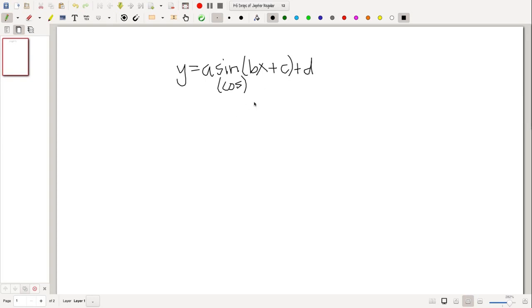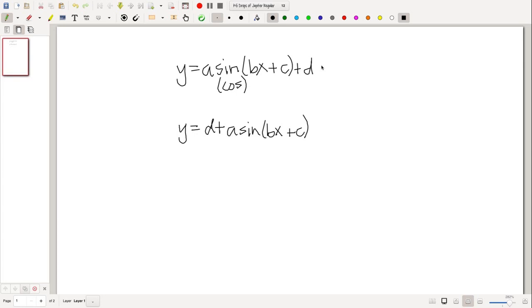Now, you might also see this. The only thing different with these two forms is that d, that constant, is moved to the front. And guys, that's still a vertical shift. It's just located in a different area. Remember, order does not matter when we add. Same is true for the inside of the parentheses. That bx plus c could be switched. You could have c plus bx. So just be careful. Know that it's the same thing.